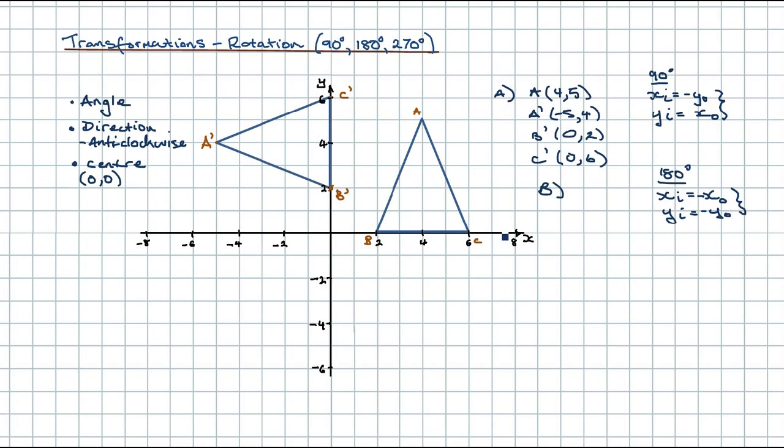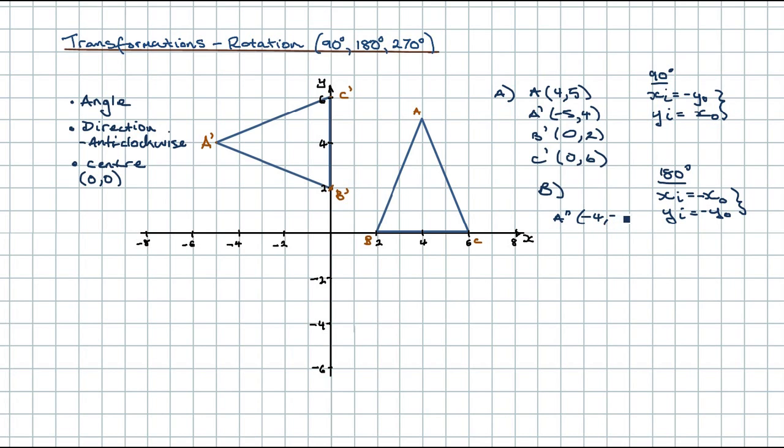So again, A is at 4, 5, so now we're going to just make these negative, so minus 4, minus 5. Let's call this A prime prime, minus 4, minus 5.